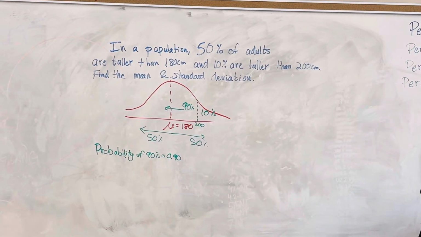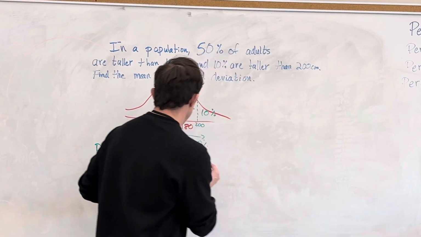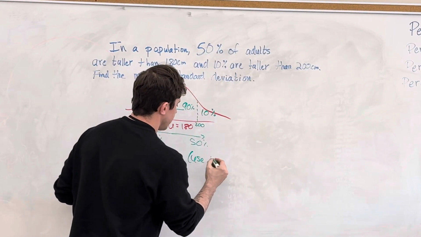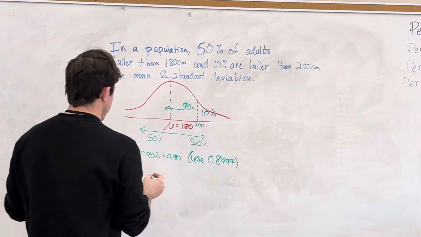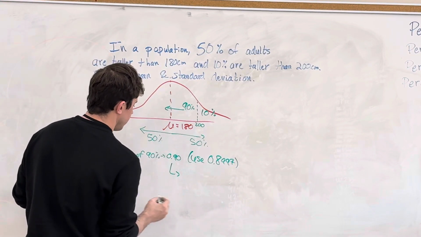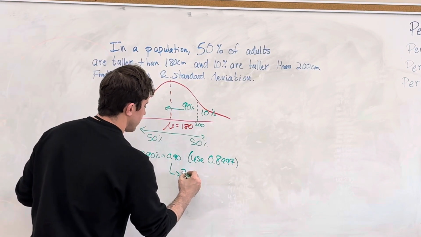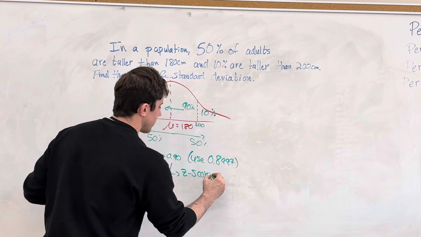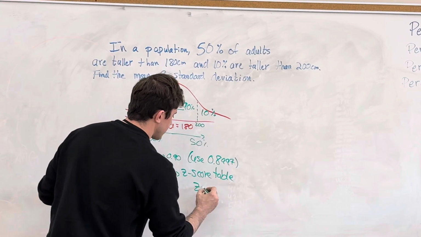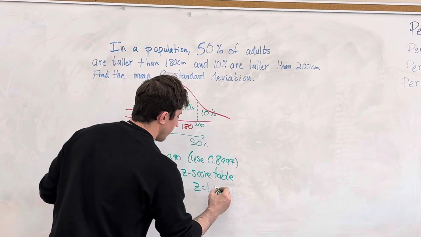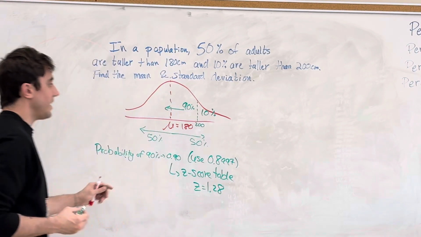So I'll say in brackets, use 0.8997, and using our z-score table, we have a z-score of 1.28.